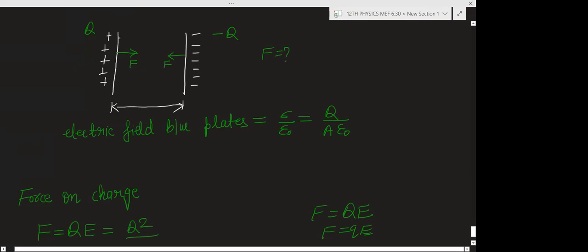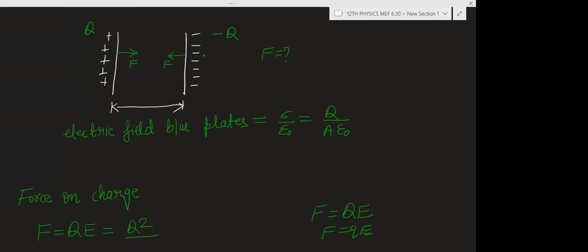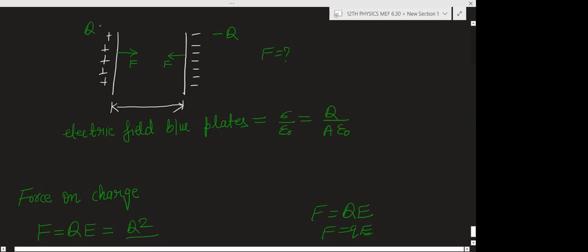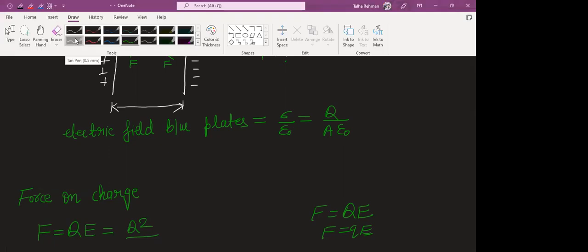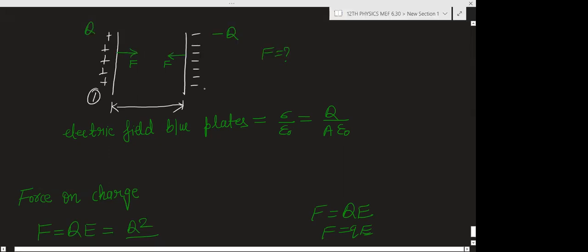So I should calculate the force on any one of the plates, and that force will be equal. Suppose due to this plate, the electric field is due to plate 1. This is plate 1 and this is plate 2.